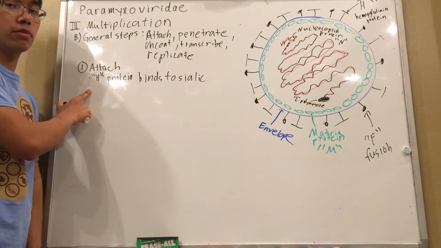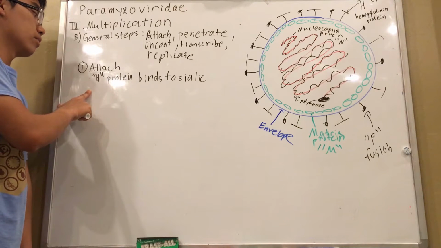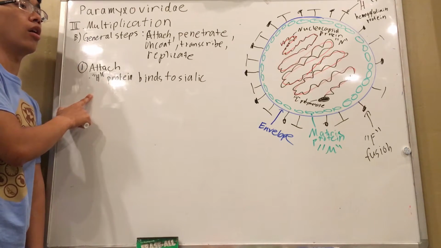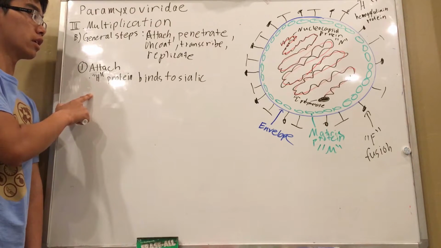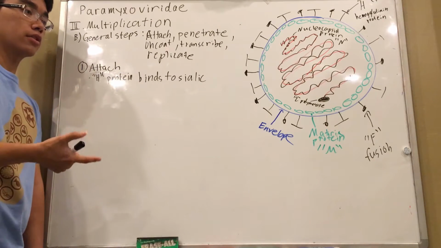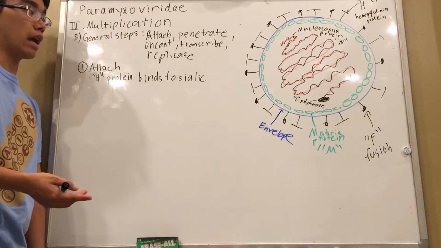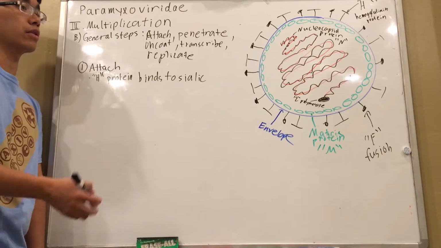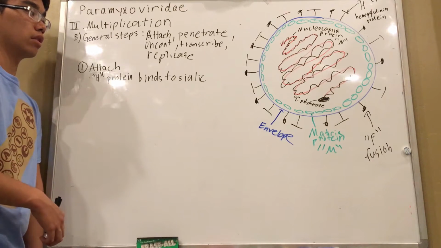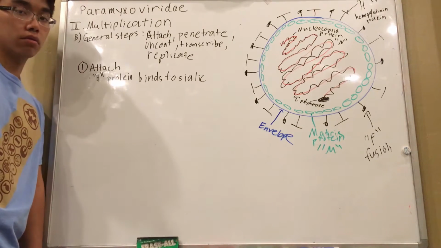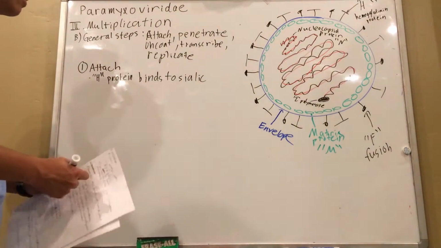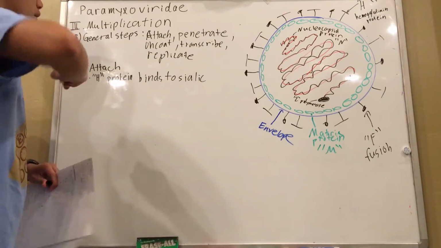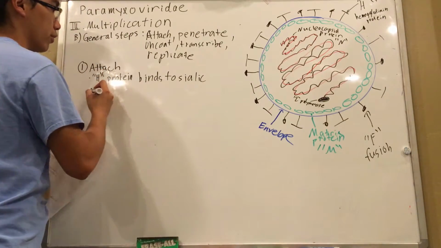So when I talk about the attachment, I'll be talking about a virus that has all the different properties that all the different Paramyxoviridae can have. But in reality, certain Paramyxoviridae can bind to sialic acid, but none of the other receptors, and other Paramyxoviridae, like measles, can bind to certain things, but not others. So let's just assume that this is a universal Paramyxoviridae. Okay.